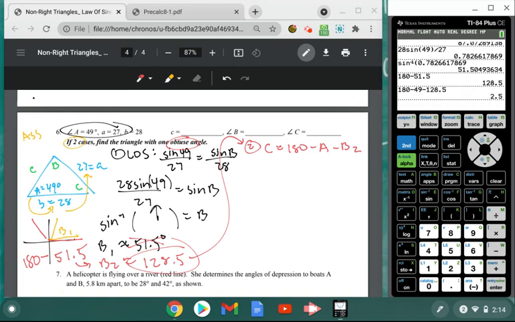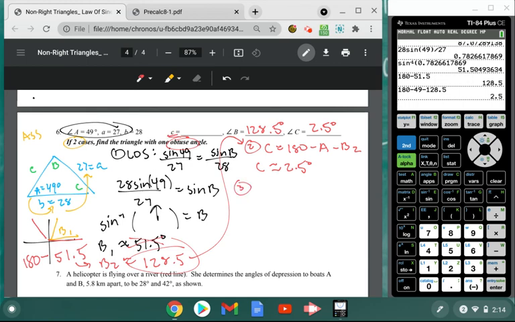And we get 2.5, tiny. So C is about 2.5 degrees. Let's put these up here. 2.5 for C. The obtuse B was 128.5.